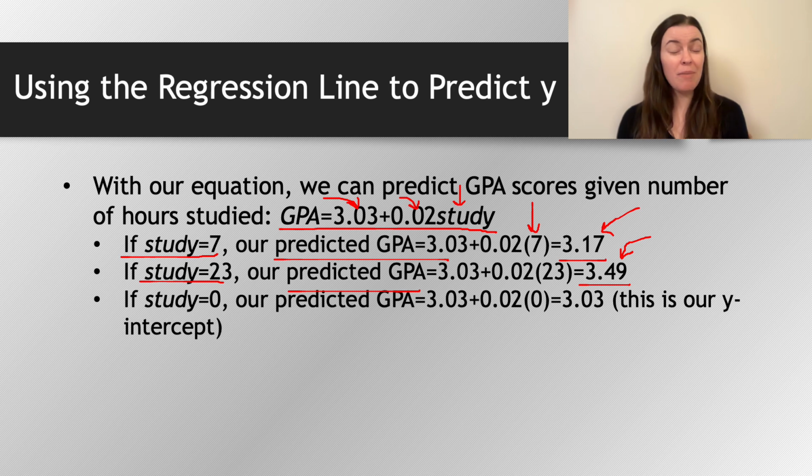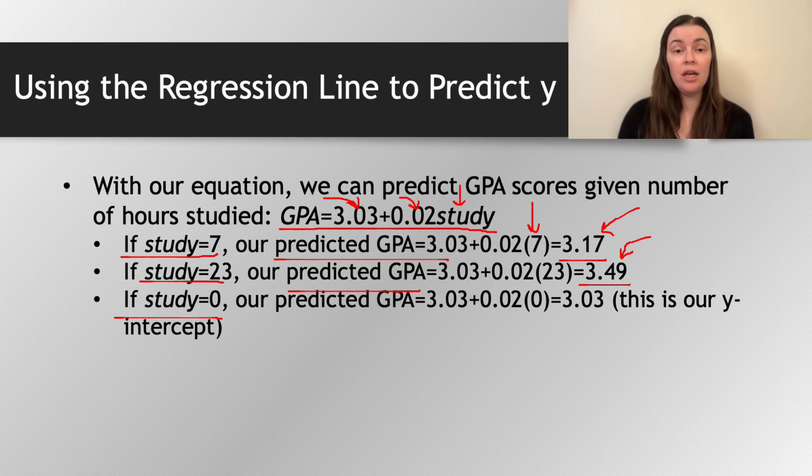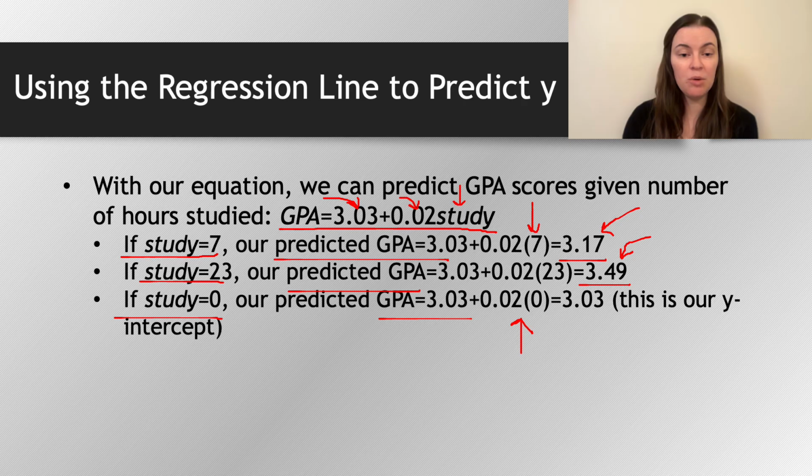Again, thinking back though to what I originally had indicated, if you study for no time, you're just going to have the value of the y-intercept itself. And so remember that if you multiply anything by a value of 0, it's just going to be 0. So the GPA is just going to be whatever value you have there.